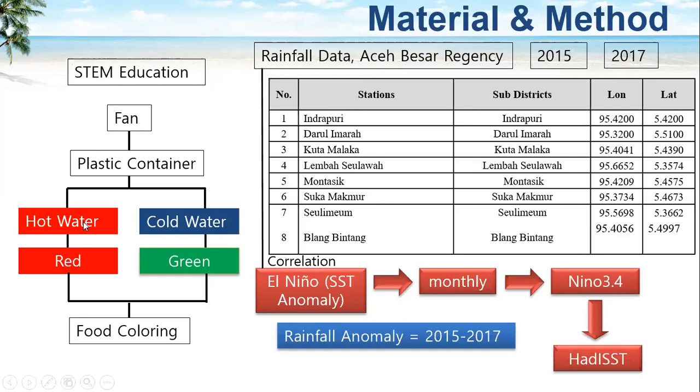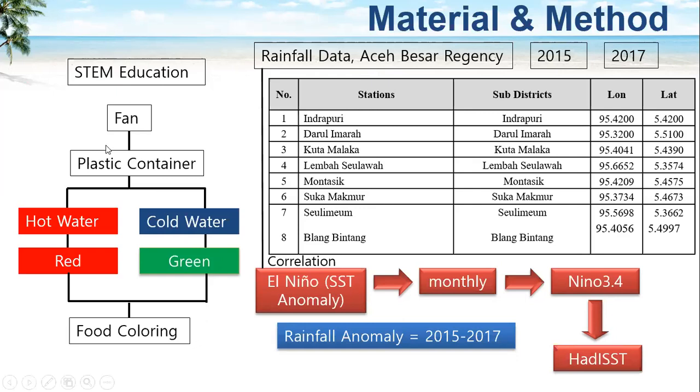To distinguish between hot and cold water, we put in food coloring. For hot water, we use red food coloring, and for cold water, we put in green food coloring.